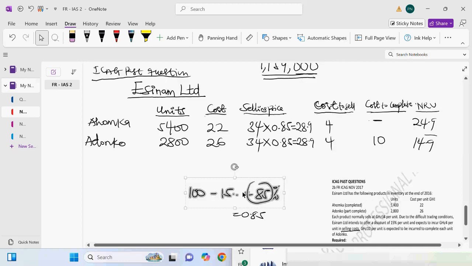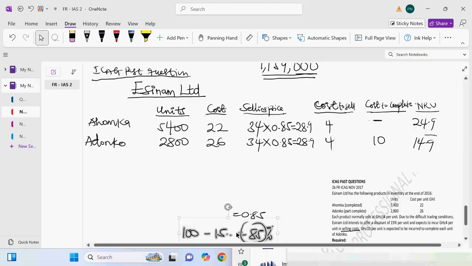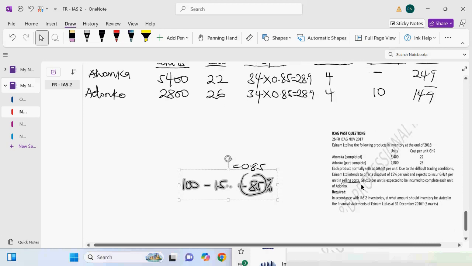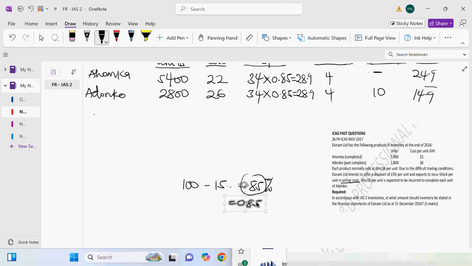You choose 22 for Aumka, and then you choose 14.9 for Adonko. So we are choosing the value. For Aumka, the value you are choosing is 22.